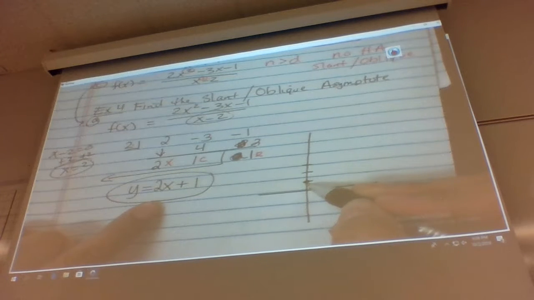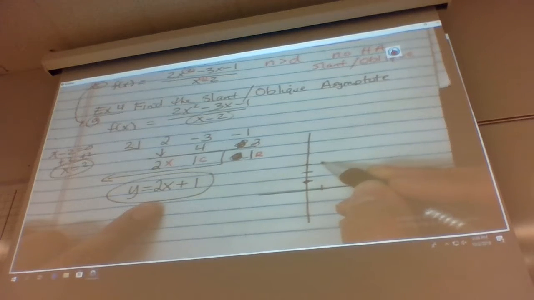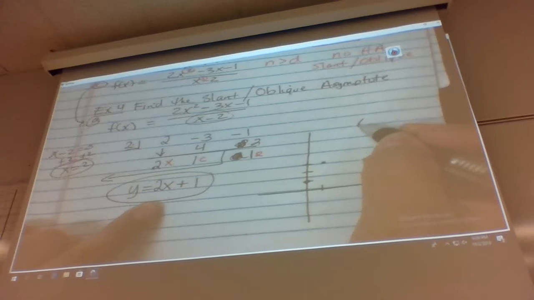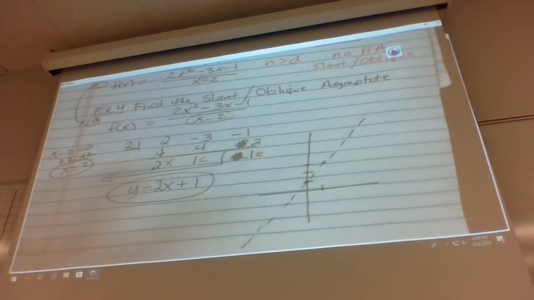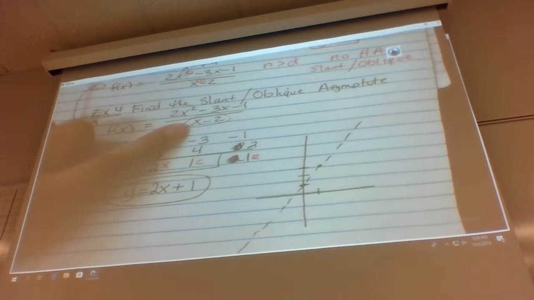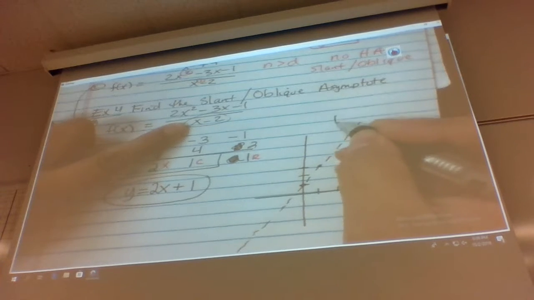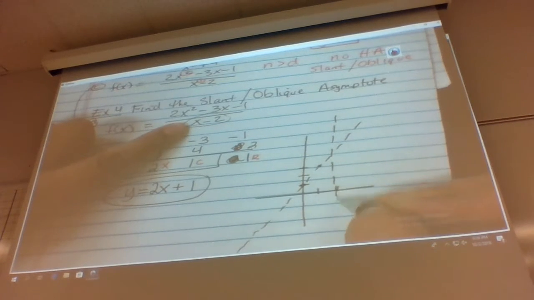It's at 2, right? So the graph can't cross that, so my graph is either gonna be found here, here, here, or here. You don't know until you graph it, but this sets your limits. That's what the asymptote does.